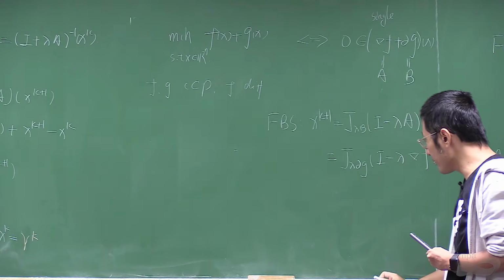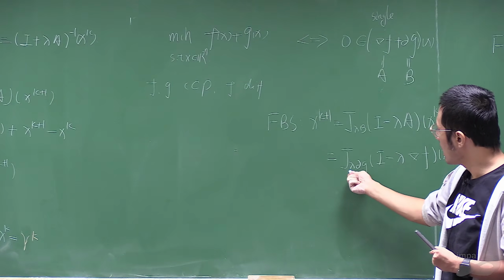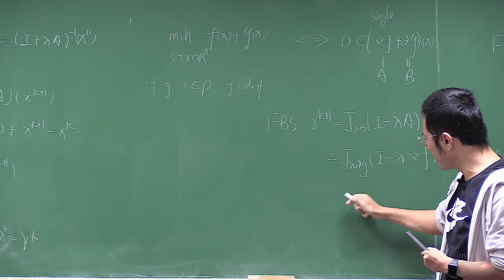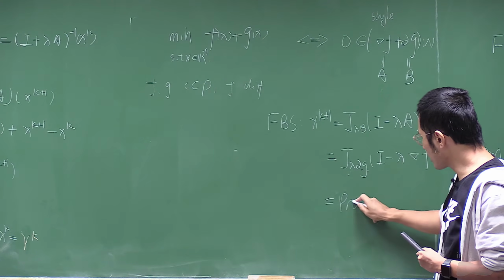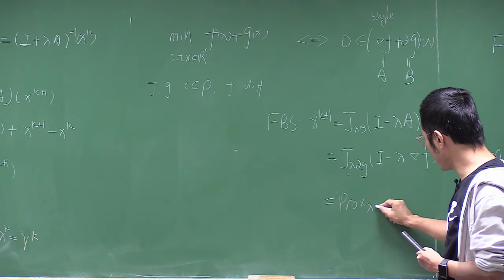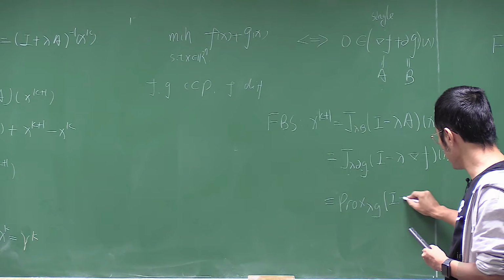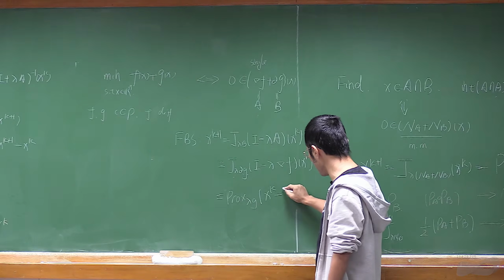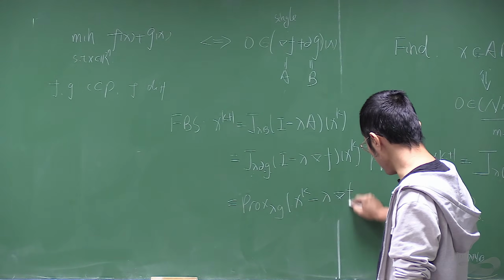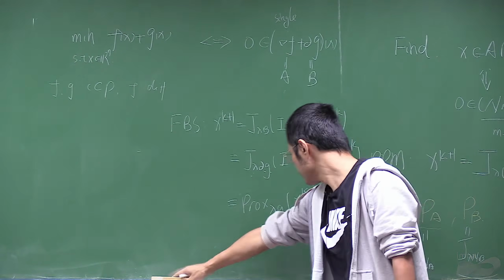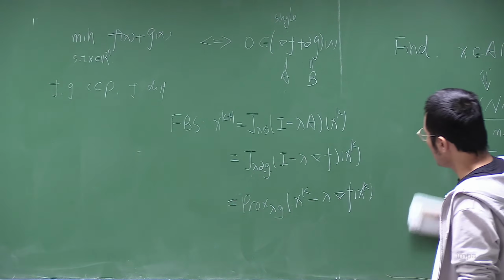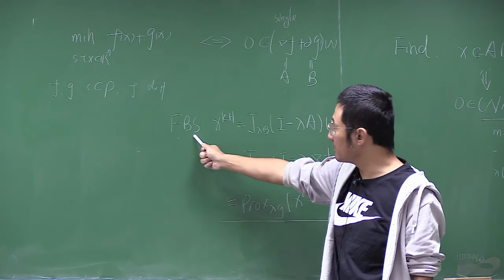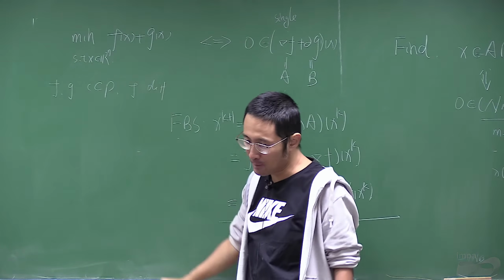And recall that the resolvent of the subgradient of a CCP function is just the proximal operator of the function g. Then we plug in x here: it is the prox of g applied to x^k minus lambda times the gradient of f. Okay, so this is the FBS, forward-backward splitting, for the minimization of the sum of two CCP functions.